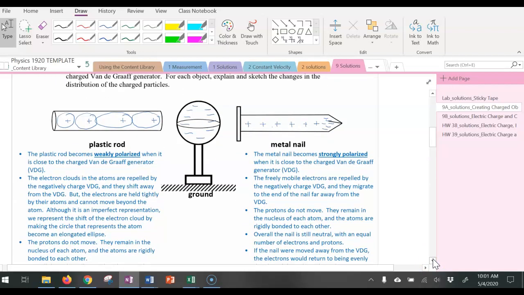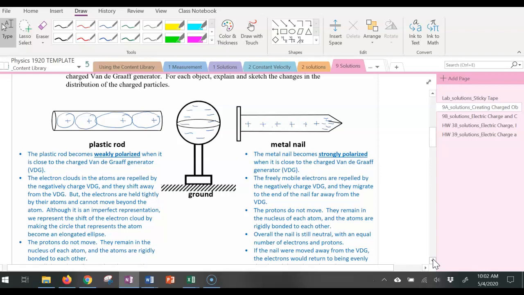A Van de Graaff generator is that sphere on a pole here in the middle of this figure. It's a machine that is able to generate a lot of negative charges, so almost an infinite amount of negative charge that just accumulates on this sphere. So that ball becomes a very strong negative charge.